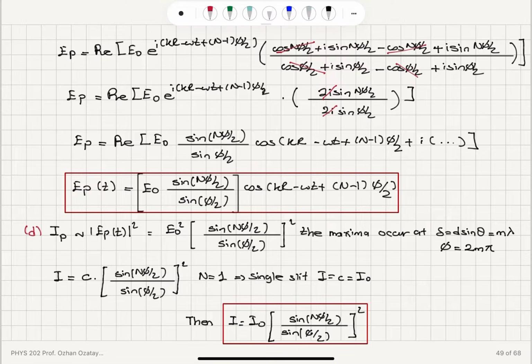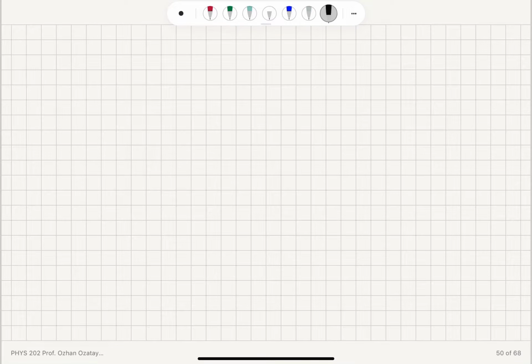Okay, let's check the maxima. The maxima occur at φ equal to 2mπ, d sin θ equals mλ. So take the limit as φ goes to 2mπ.